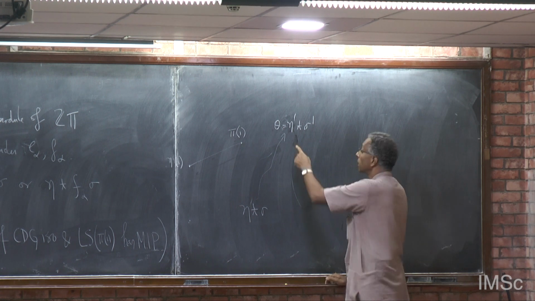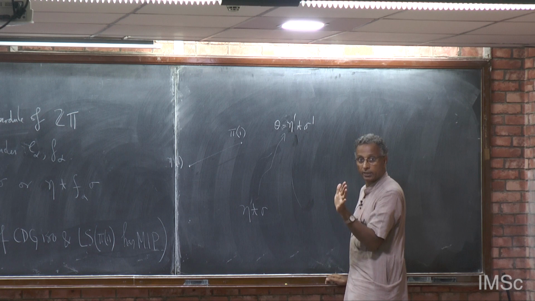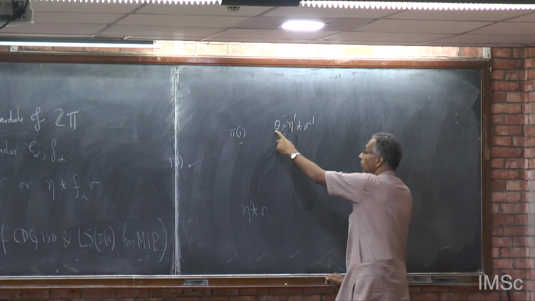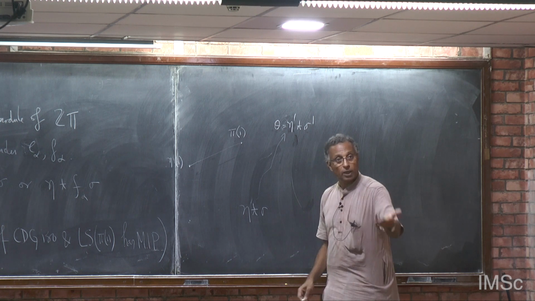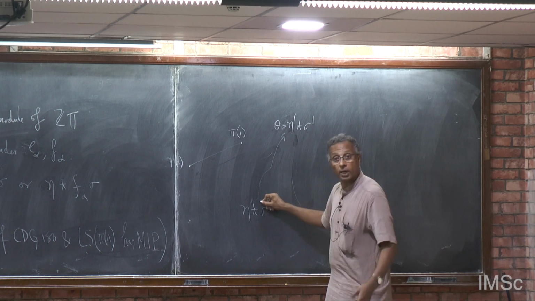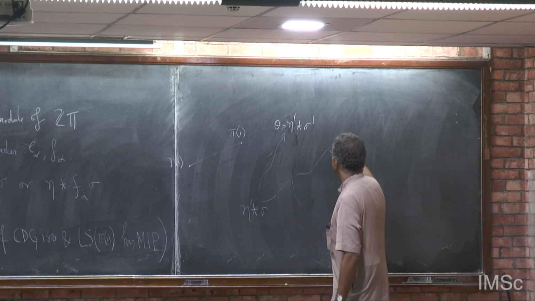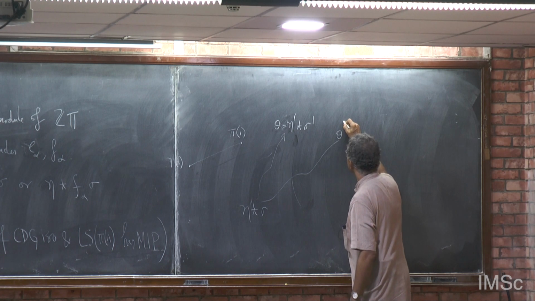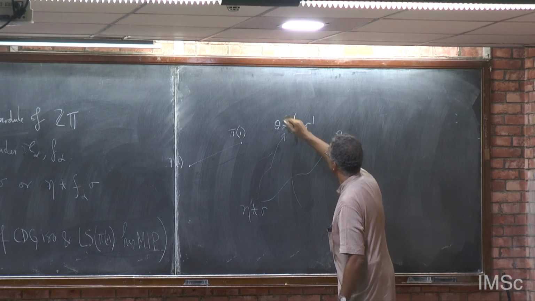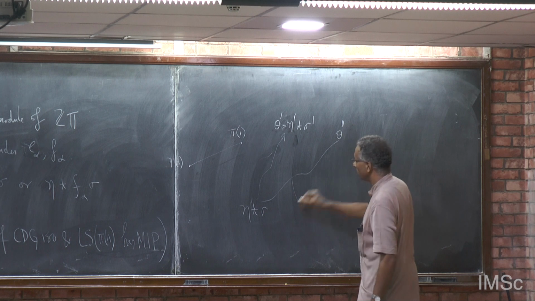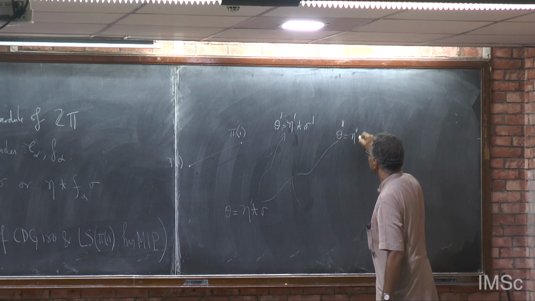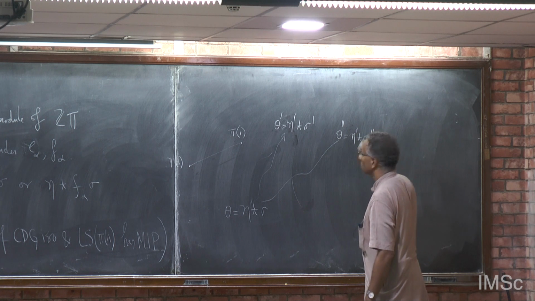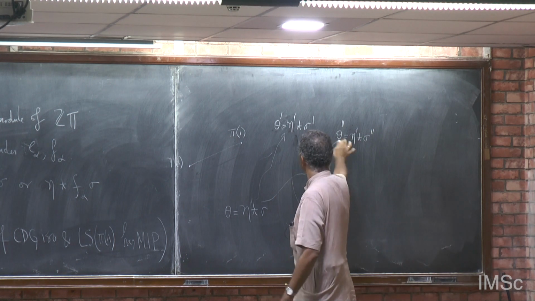Mind you, I am not saying E alpha on these individuals vanish. I am only saying E alpha on theta vanishes. So maybe you started from the same path, applied the E alphas, and you got yourself to theta prime, let's say theta double prime. Let's call this theta, original path, is eta double prime. Is it possible that these two are different?